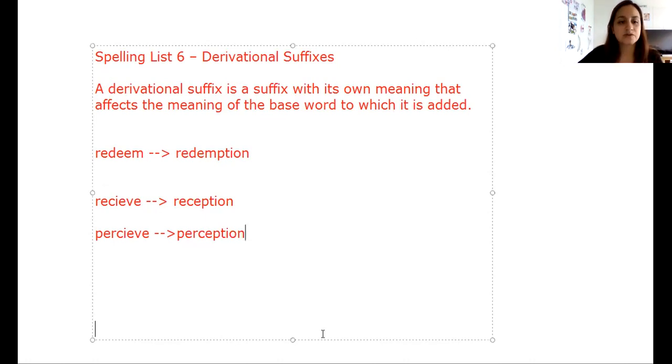I'm going to dictate 10 sentences with different words from the list. I want you to write them down, okay? And when you are finished, I want you to take a photo of it and send it to me through CNET, okay? So are you ready?